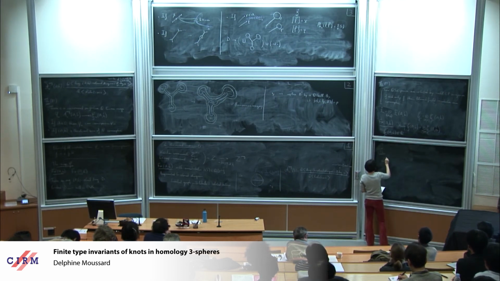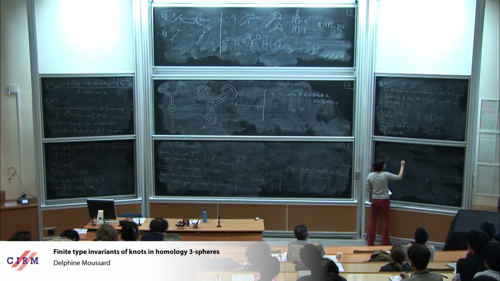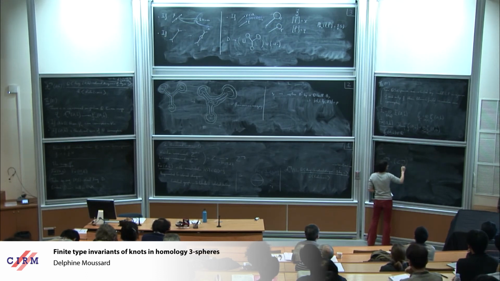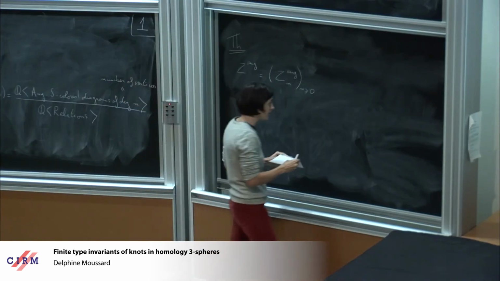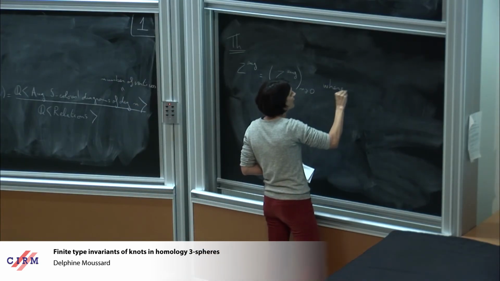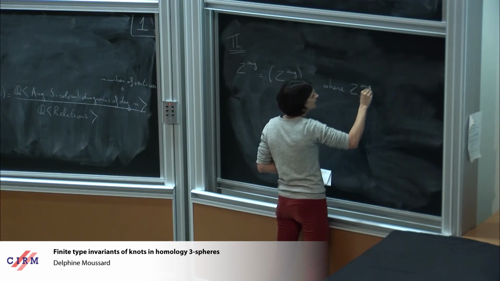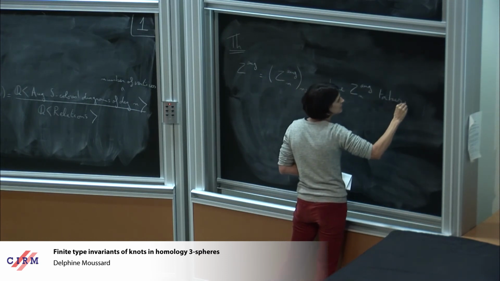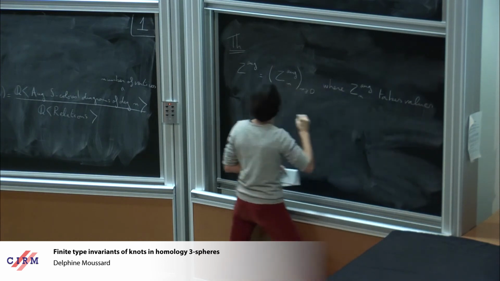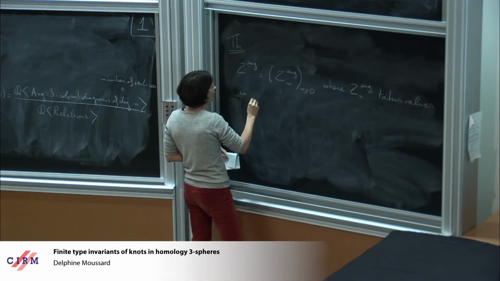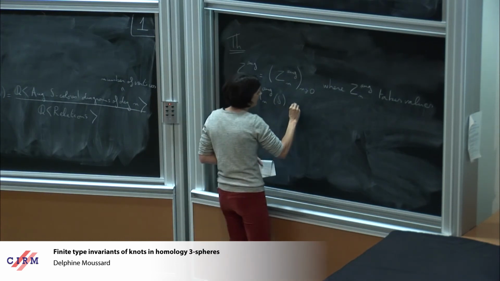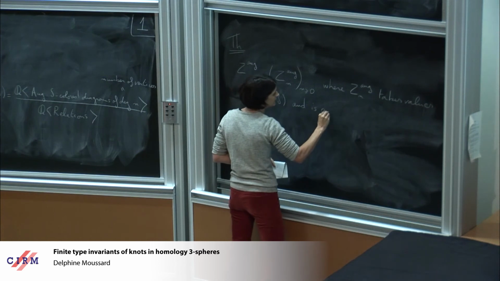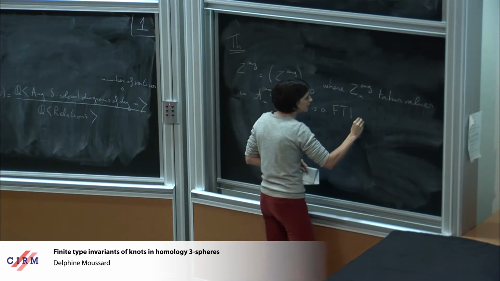The invariant Z-aug is a family of invariants, Zn-aug for non-negative integers n, where Zn-aug takes values in An-aug of delta, and Zn-aug is a finite type invariant of degree n.